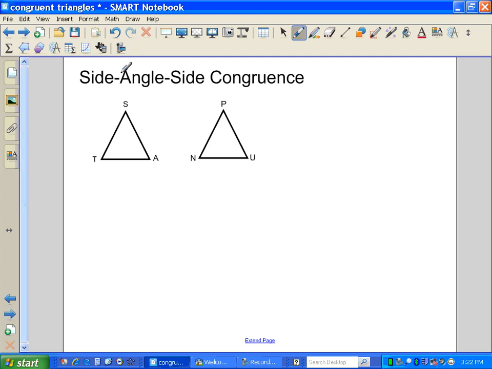Side, angle, side. Notice the word angle is in between the 2 word sides. So we're looking for triangles that have 2 side lengths and the included angle congruent.